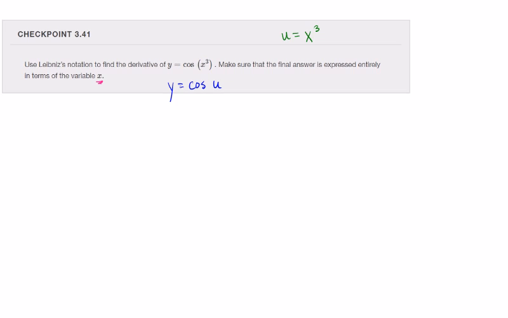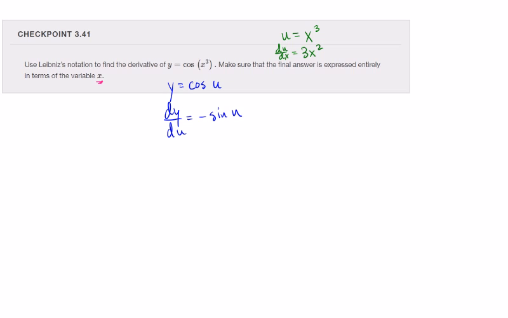All right, so now let's find dy du, and let's find du dx. All right, and I might have said that wrong. So dy du is negative sine of u, and du dx is 3x squared, right?